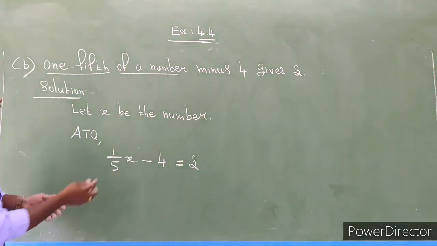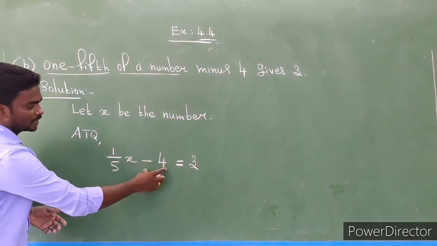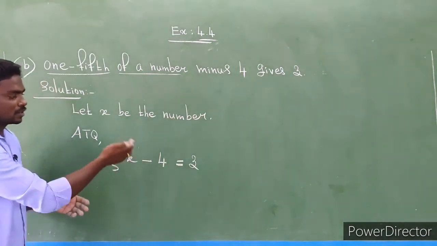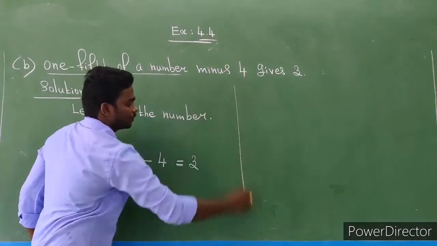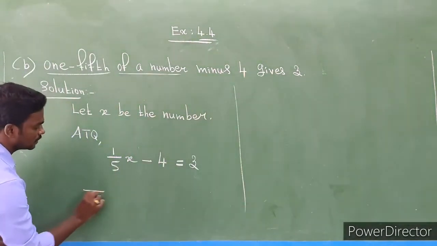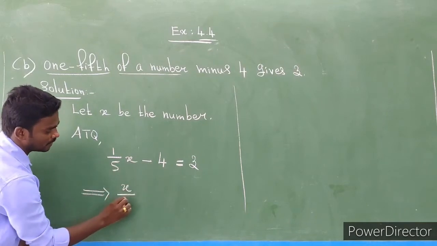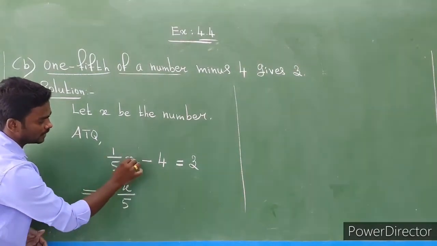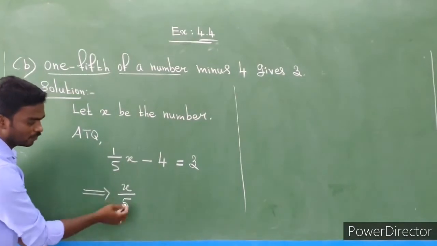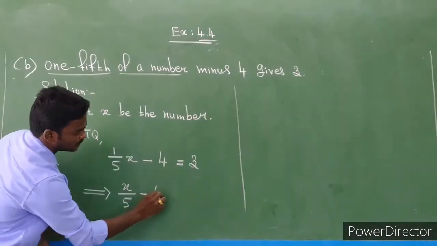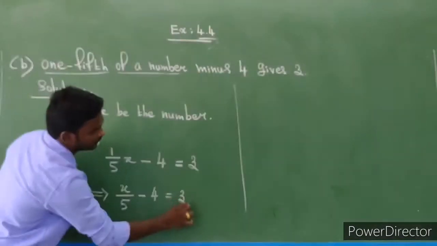Are you clear? So this is our equation. Then how to solve this? 1 by 5 times x means x divided by 5. So x divided by 5 minus 4 is equal to 3.